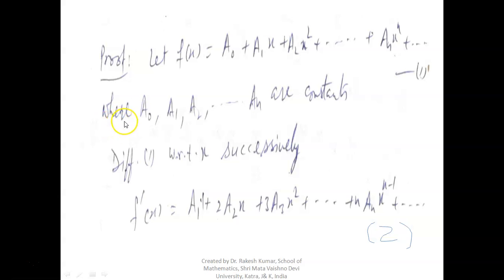So the proof for this is: let f(x) equal a naught plus a1x plus a2x square plus and so on plus anx raised to power n plus so on, where a naught, a1, a2 and an are constants. Differentiating equation number 1 successively with respect to x, we find f dash x is equal to, since the constant's derivative is 0, a1 into 1 plus 2 times a2 into x plus 3 times this and so on.